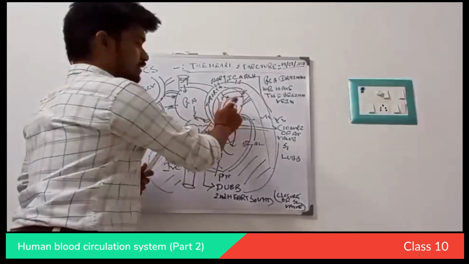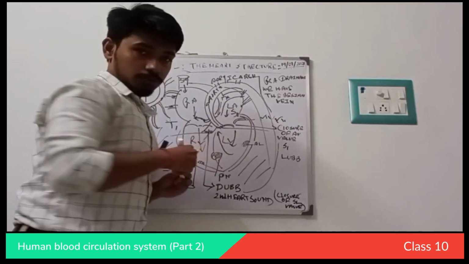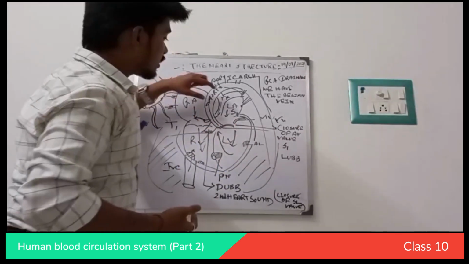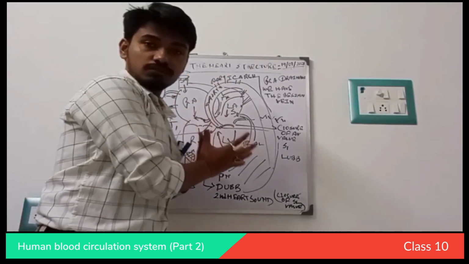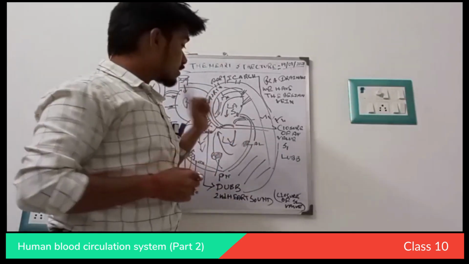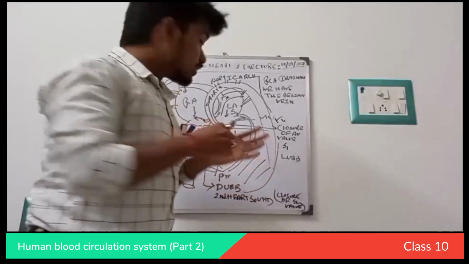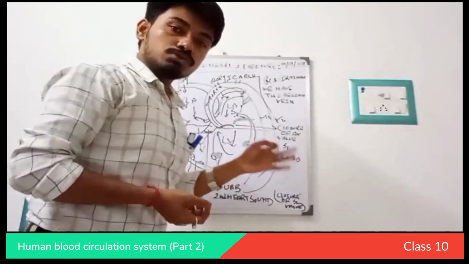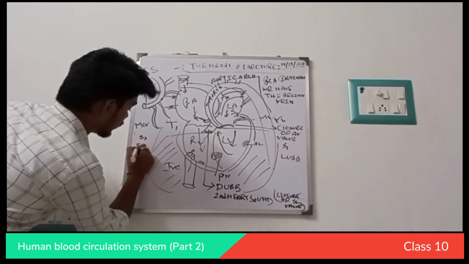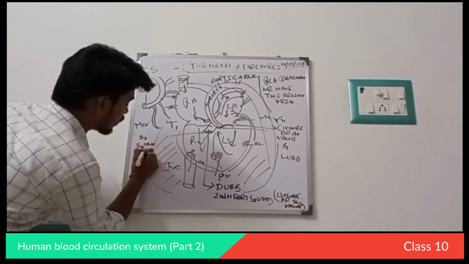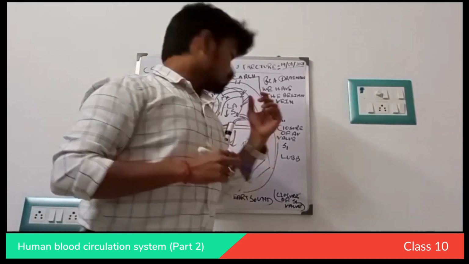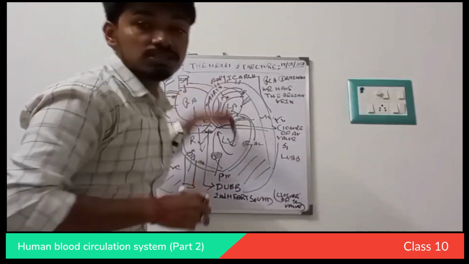S3 is related to the cardiac cycle, the rapid ventricular filling phase, from LA to LV, with an inrush of blood from the LA to the LV. That is characterized by S3, and S4 comes just after that, with a gap from S3 to S4 of about 0.01 to 0.02 second.